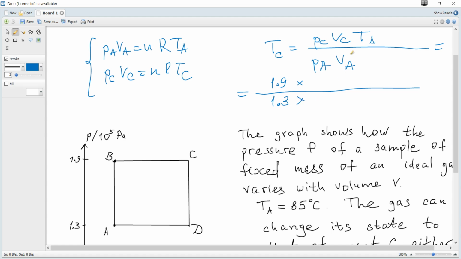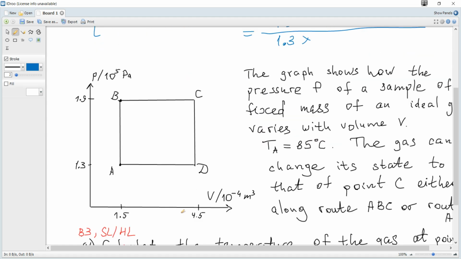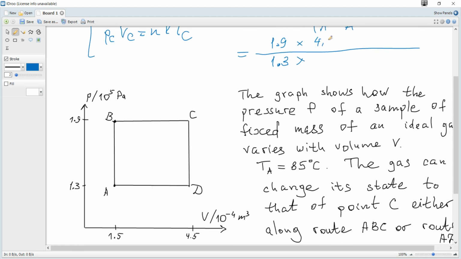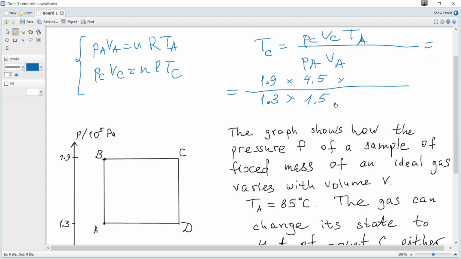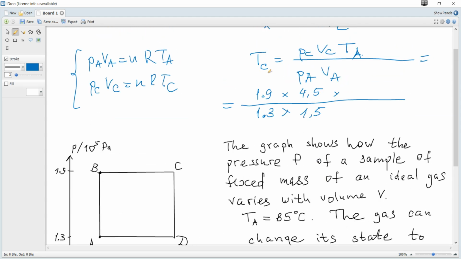And multiplied by V at C over V at A, you can see it's 4.5 over 1.5, and again the factor is the same, it cancels, and multiplied by temperature at A. Notice that if you use just temperature, it must be in kelvins.